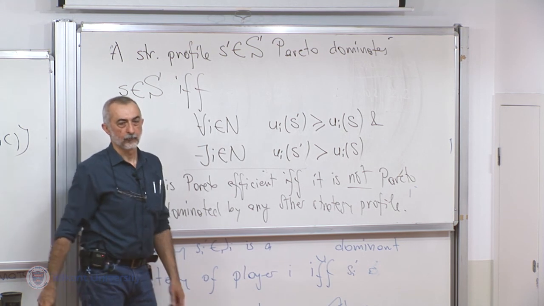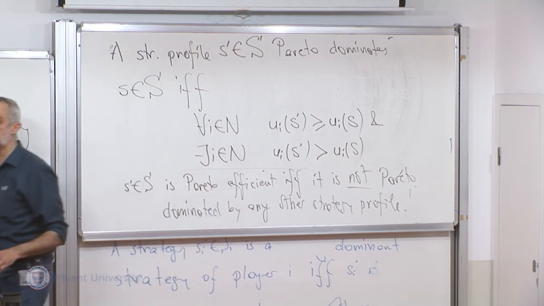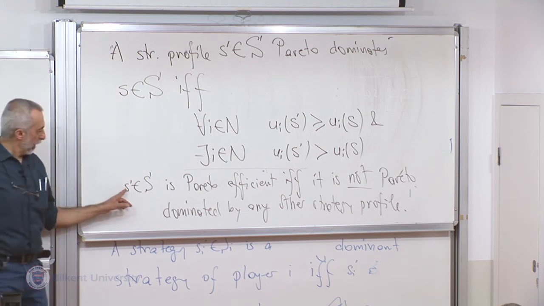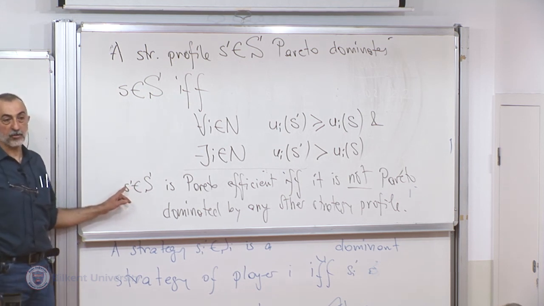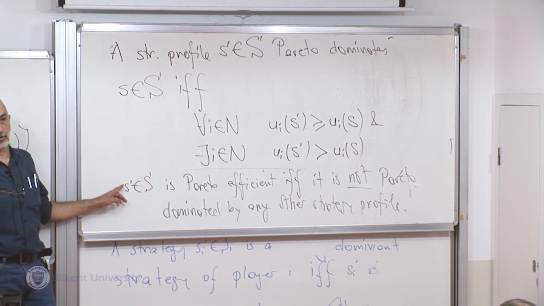Okay? Be careful. So Pareto efficiency doesn't mean that it Pareto dominates everything else. Okay? So S prime Pareto efficient doesn't mean that it Pareto dominates everything else. It means that it is not Pareto dominated by any other strategy profile.